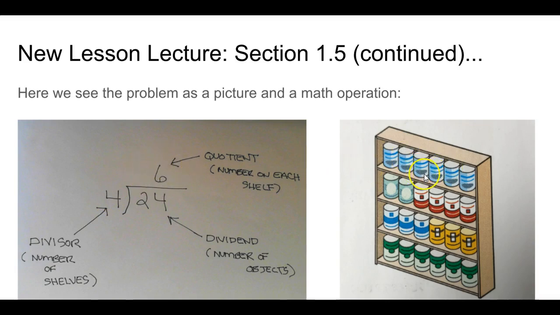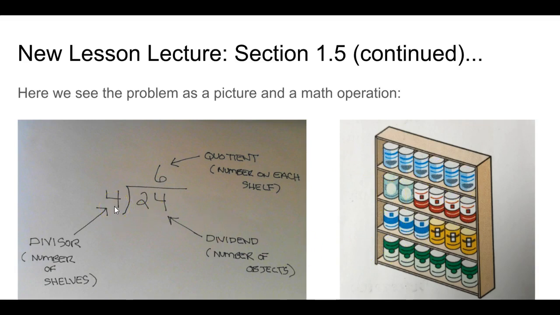But getting back to this picture here, we see that 24 is the number of objects. So there's 24 cans. The manager wants to display on the shelves an equal number of cans. So we take the 24 here, and then there are 4 shelves. That would be the divisor.